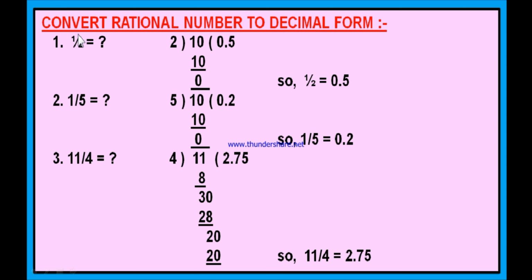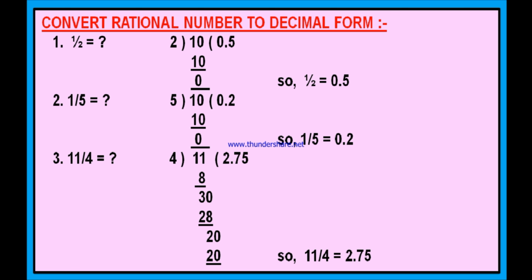Now if you observe its denominators, here the denominator is 2, here the denominator is 5, here the denominator is 4. 4 means it is 2 square. Now one point is, in any fraction, if it is a rational number, if the denominator is in the form of 2 power n into 5 power m, then you will get a terminating decimal.